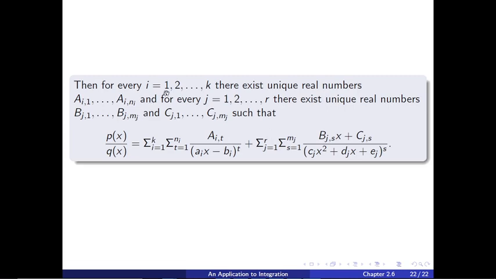Then for every i from 1 up to k, there exist unique real numbers a_i1 up to a_i n_i, and for every j from 1 up to r, there exist unique real numbers of that form and that form, such that we can write p over q as a sum of these kinds of functions.